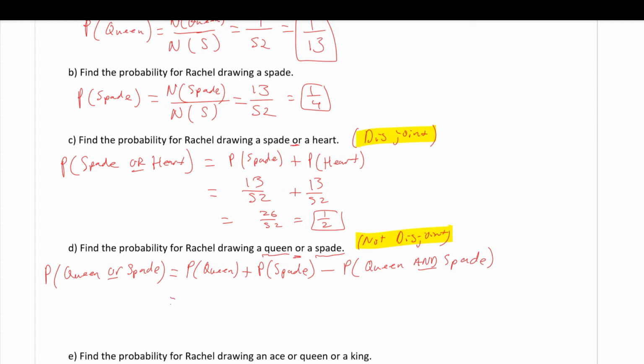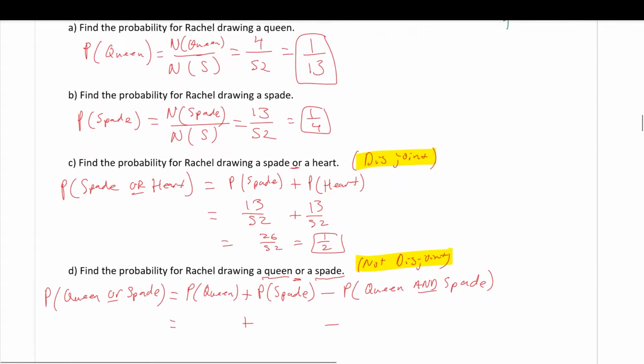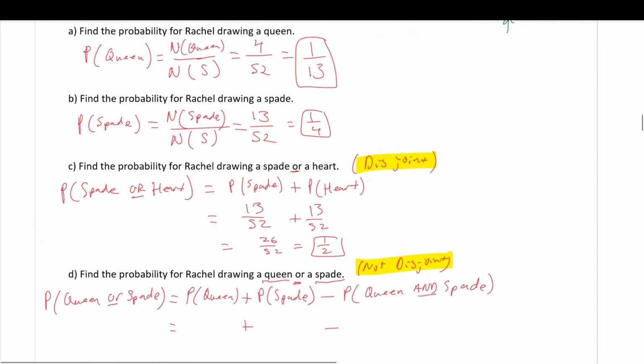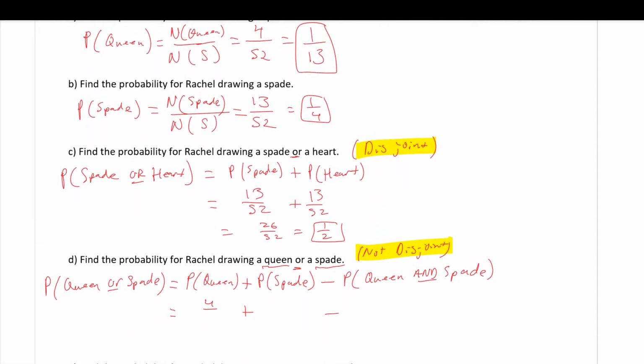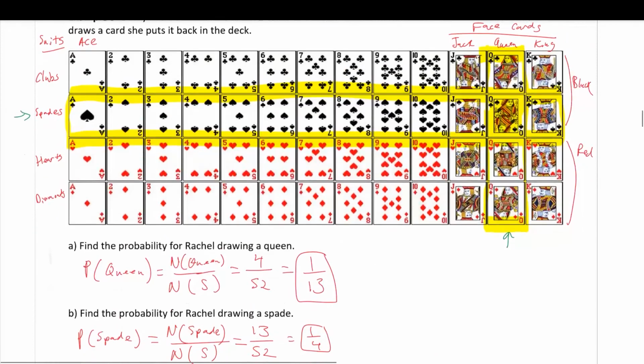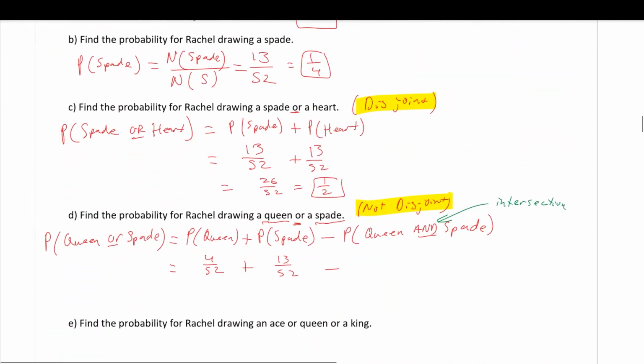Okay, so there's going to be 3 fractions here. Probability of obtaining a queen, well, that was from part A. That's 1 in 13, or let's keep it with a denominator of 52, so it'll be 4 out of 52. Spade, again, that's part B, 13 out of 52. And queen and spade. Again, this is intersection. Let me just point to that intersection. How many cards are both a queen and a spade? Well, it can only be 1, right? That's the intersection up here. So there's 1 out of 52.